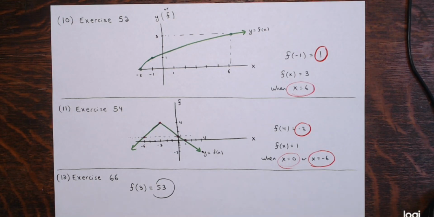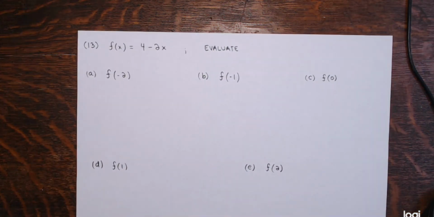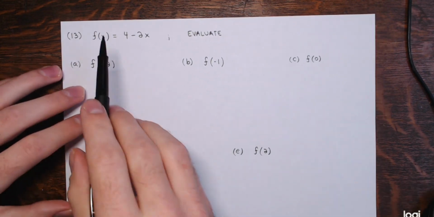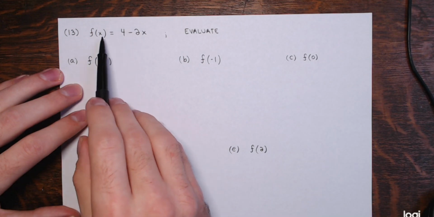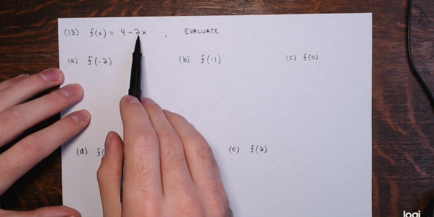Okay, moving on. The last several examples you've seen kind of already. It's very, very easy. Just here's a function called f. The input is x, and then f of x is the output, and over here is how to calculate the output, right?